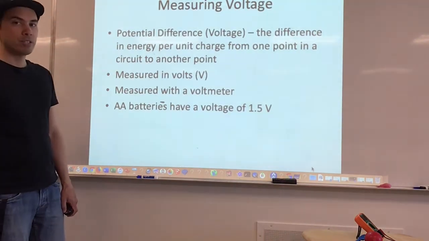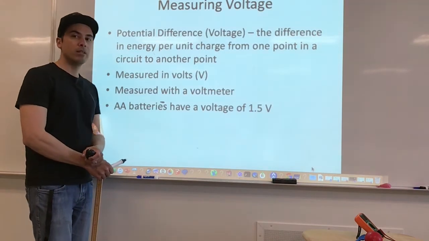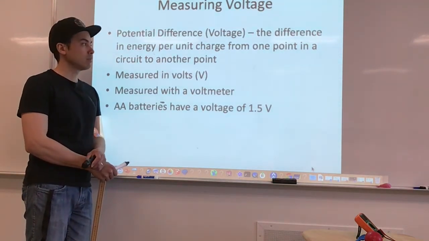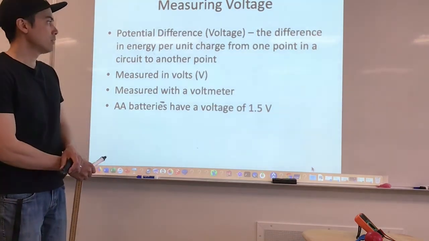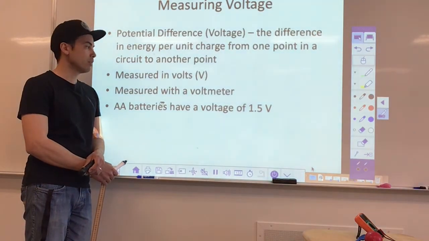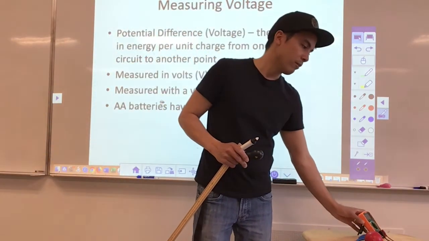Okay, potential difference. This is just another way of saying voltage, kind of describing the energy per unit charge that these electrons have. And it's kind of in relation from one point in a circuit to another. It's measured in volts, capital V, and we could measure it with a voltmeter, but I don't have one.